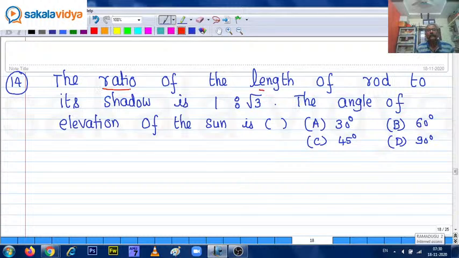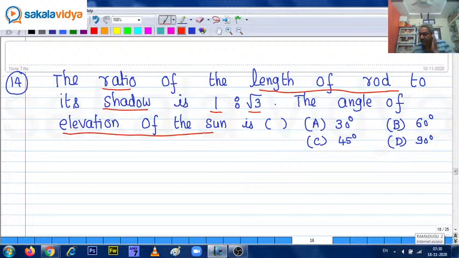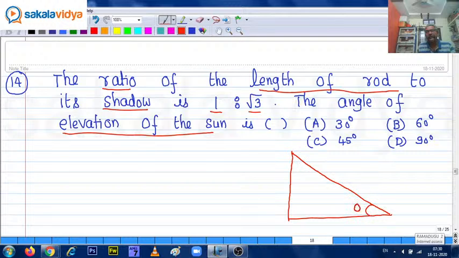Ratio of the length of the rod to its shadow is 1 is to root 3. The angle of elevation of the sun is... So this is the length of the rod, this will be the shadow, and this is the angle of elevation, say theta. Suppose for example this is one part, this will be root 3 part.